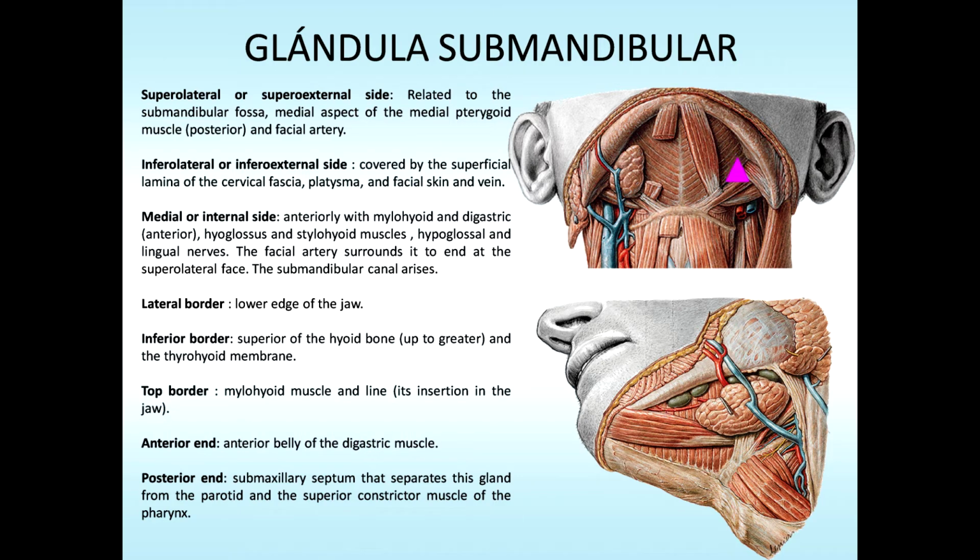Finally, the top border will be the mylohyoid muscle and line, with its insertion in the jaw. There is an anterior end by the anterior belly of the digastric muscle, and there is also a posterior end, which is the submaxillary septum that separates this gland from the parotid and the superior constrictor muscle of the pharynx.